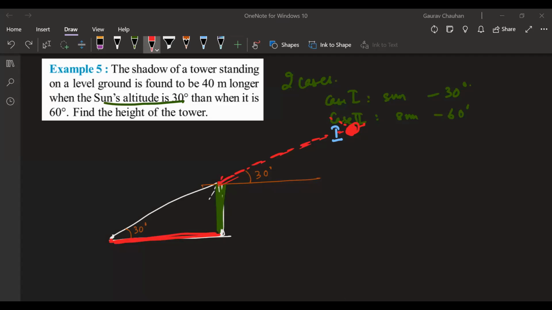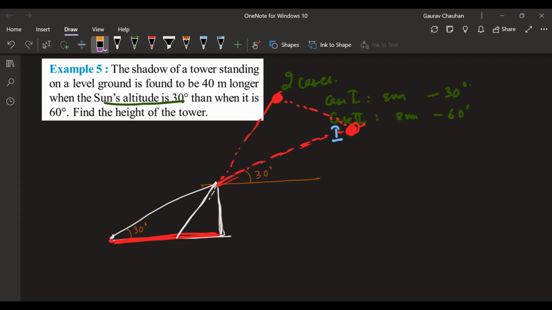Now, case 2, the sun has moved. Sun has come somewhere here, actually very, very far here. But from this angle also, sun is sending its rays. Whatever rays are falling here are getting blocked, which means this part here will be my shadow in the second case.